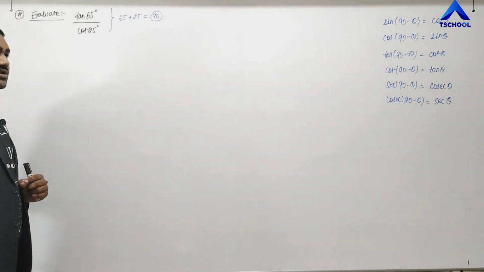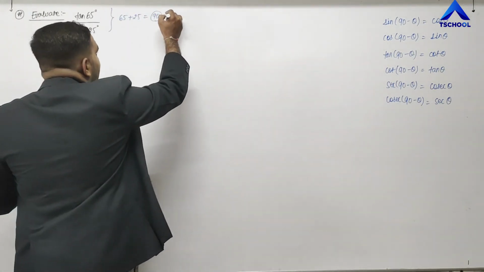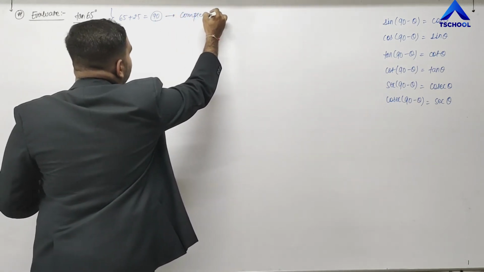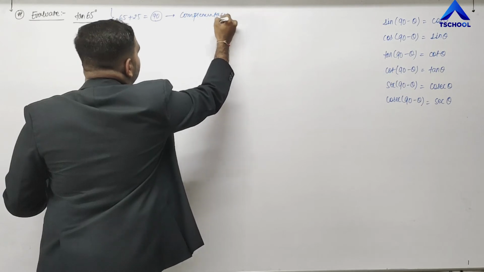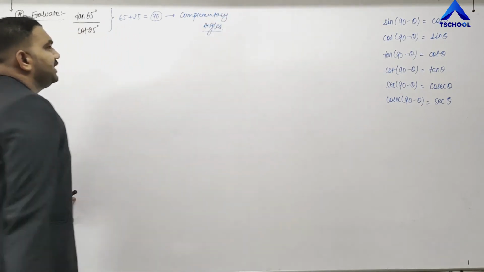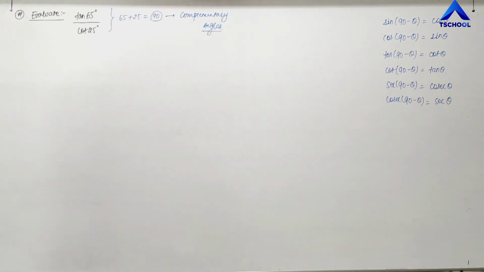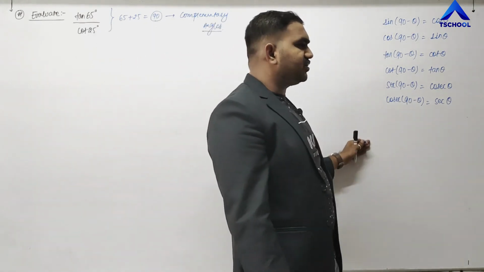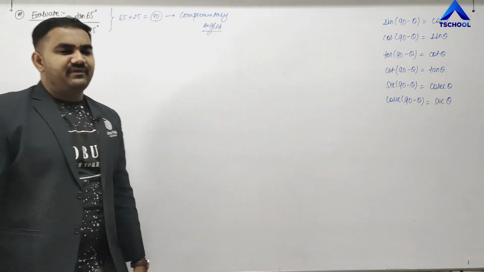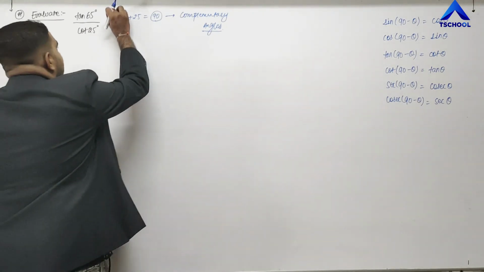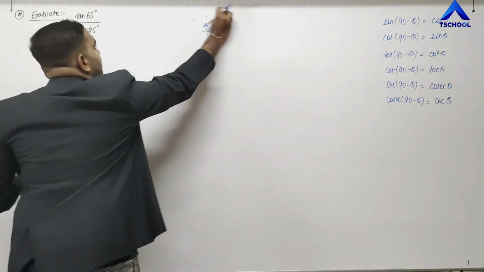If it equals 90, then those angles are known as complementary angles, and then we can apply any of these 6 ratios here to evaluate. Is it clear or not? Okay, so let us see the solution here.